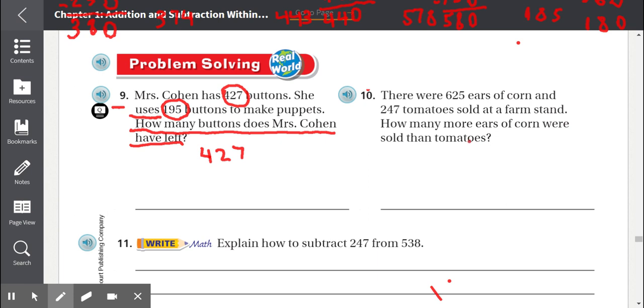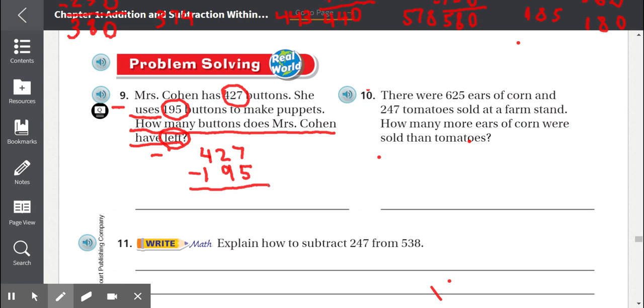And also the word left in our question means to subtract. So I'm going to put another subtraction sign. So we have 427 and she used 195. So let's subtract to find out how many buttons Mrs. Cohen has left.